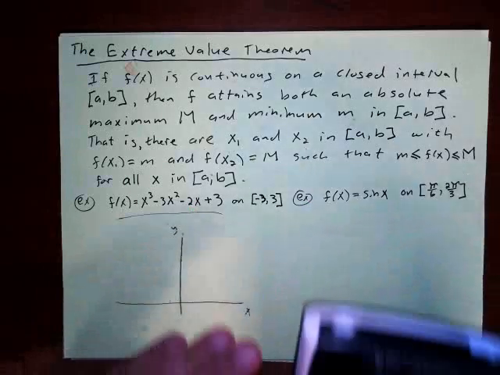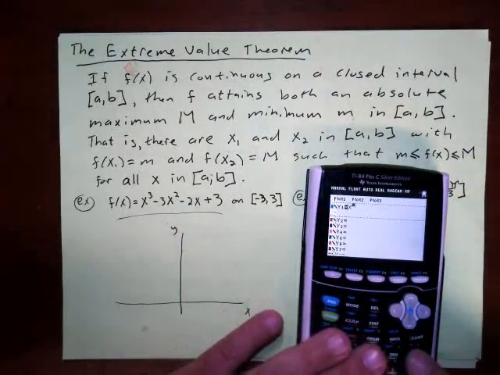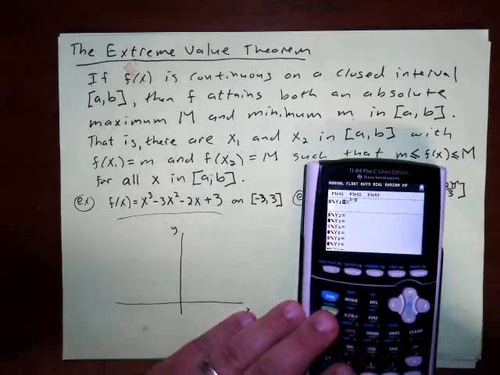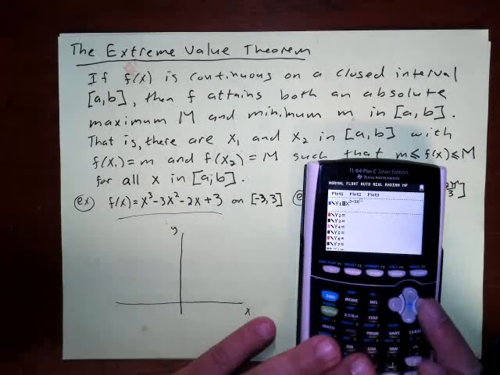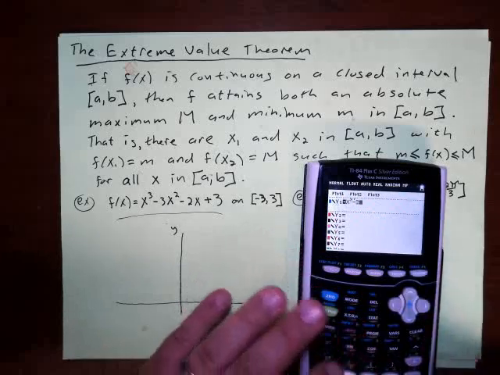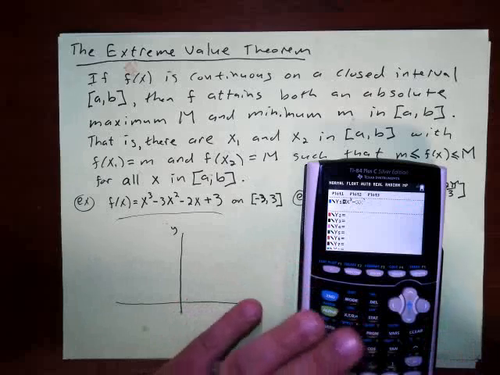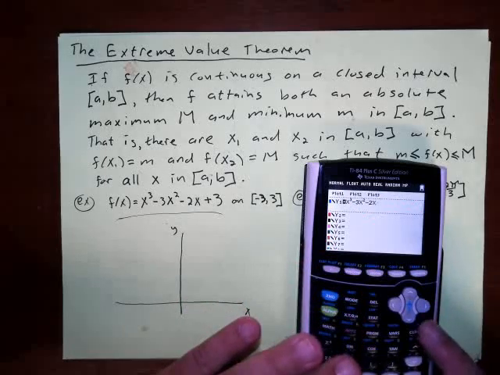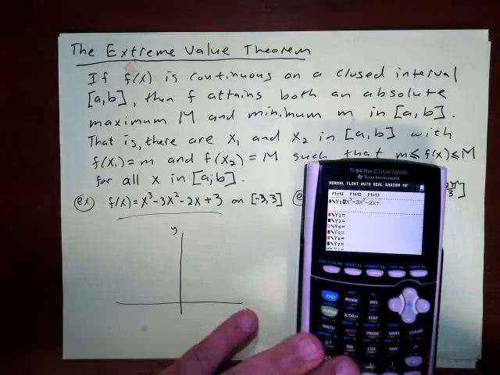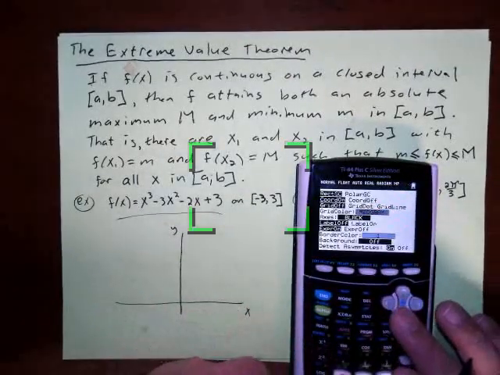I'm going to graph it here. So x cubed minus 3x squared minus 2x plus 3. And then I guess we'll do this on a standard window.